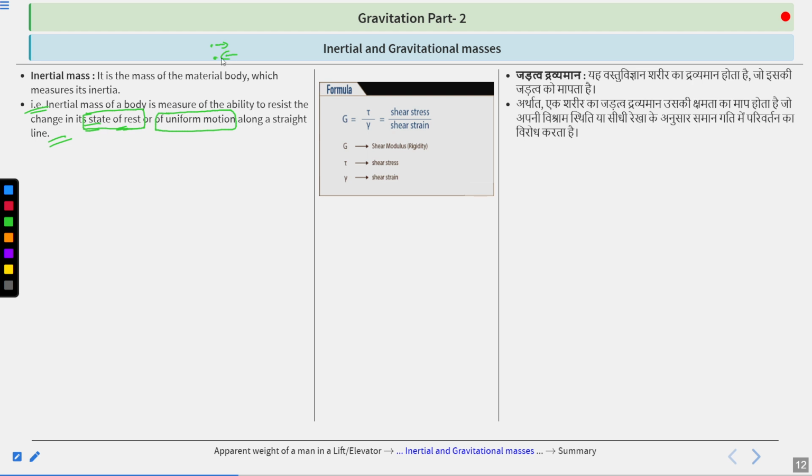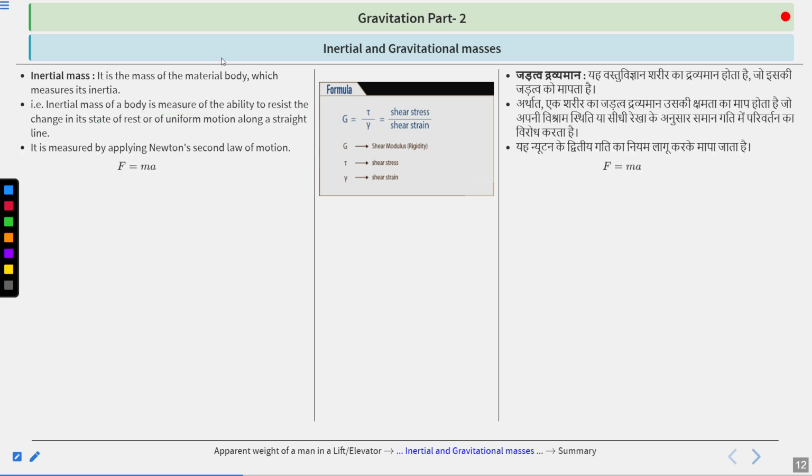All right. And when we go by the term inertial mass of a body, we try to measure the ability of a body to resist the change in the state of rest or uniform motion along a straight line. Got it? It is measured by applying Newton's second law of motion, that is F equals m into a. Force equals mass into acceleration.